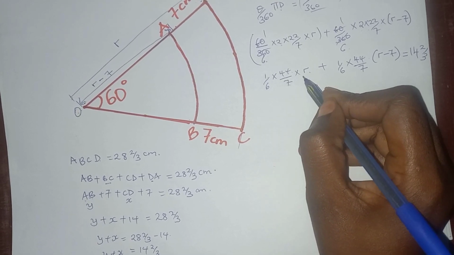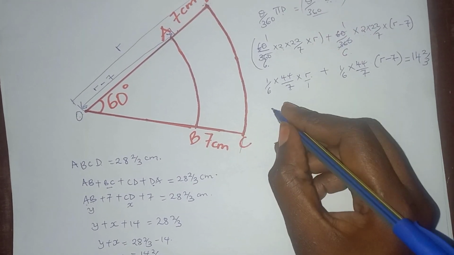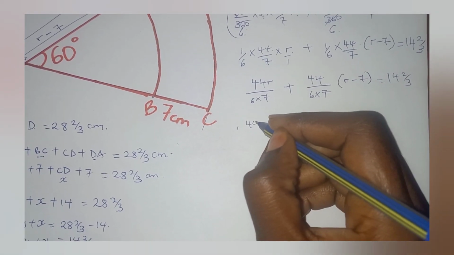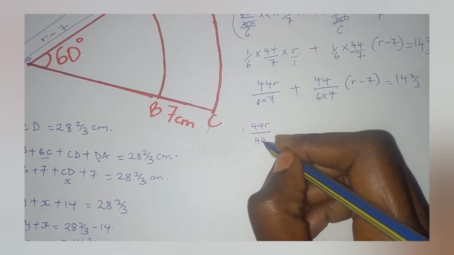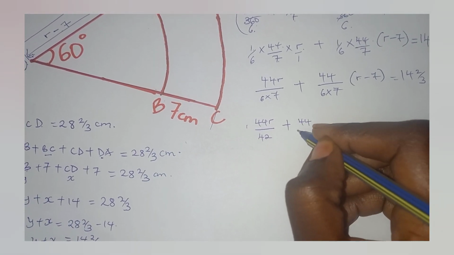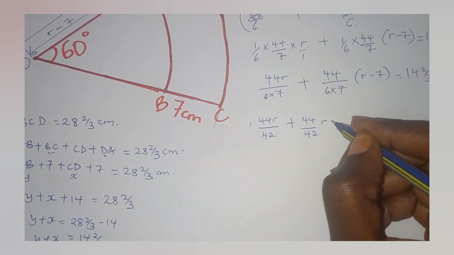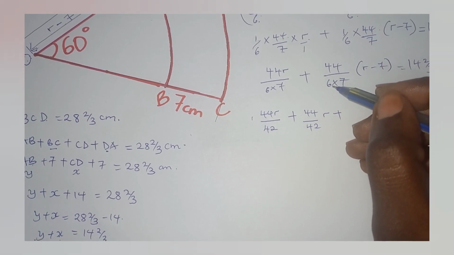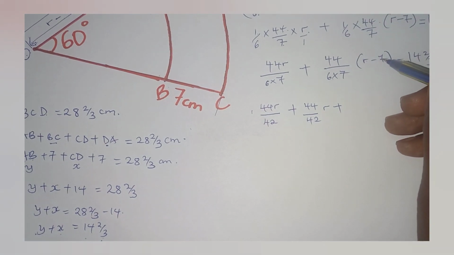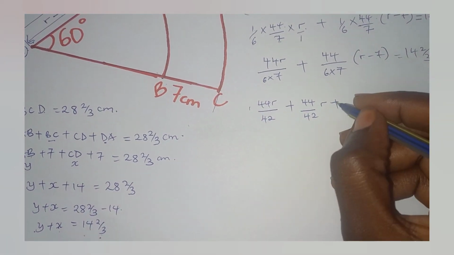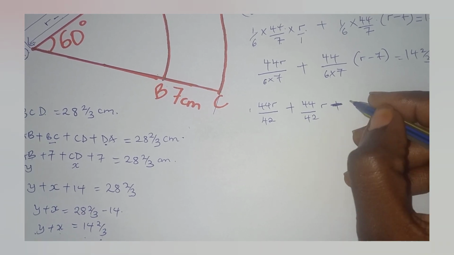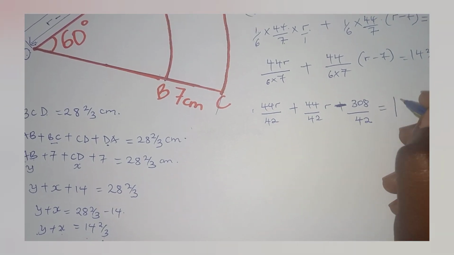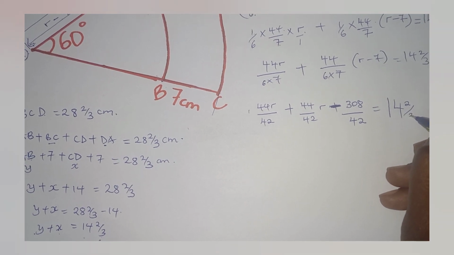So to calculate this one, this will be 44r over 42 plus 44r over 42 plus 44 over 42, 6 times 7 is 42, times negative 7 here will bring minus 308 over 42, which will be equal to 14 and 2 over 3.